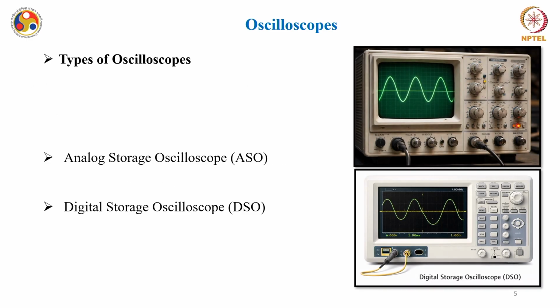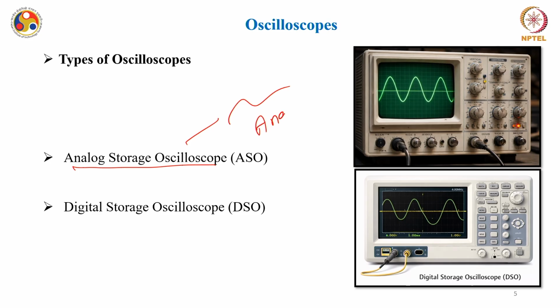There are different types of oscilloscopes, like analog oscilloscopes, or digital storage oscilloscopes. Earlier there were only analog oscilloscopes where you have only analog signal, but in the modern scenario storage oscilloscope in analog is also possible.